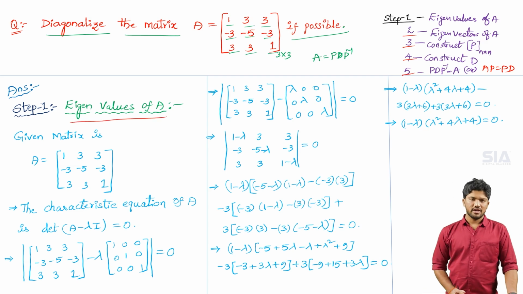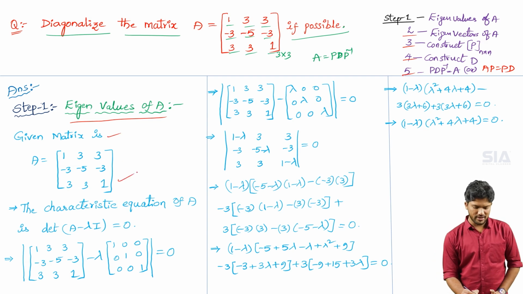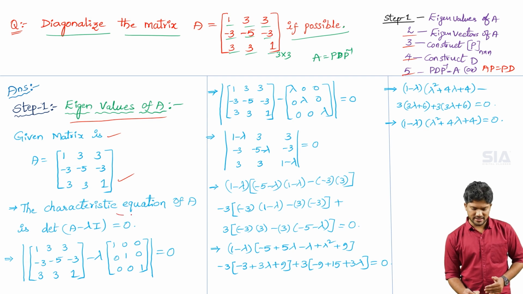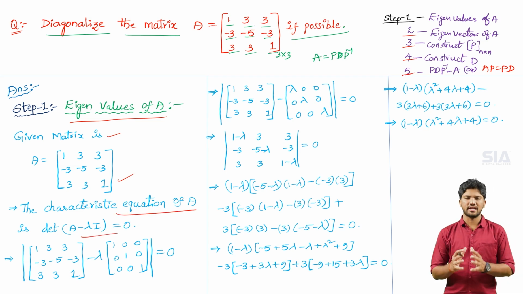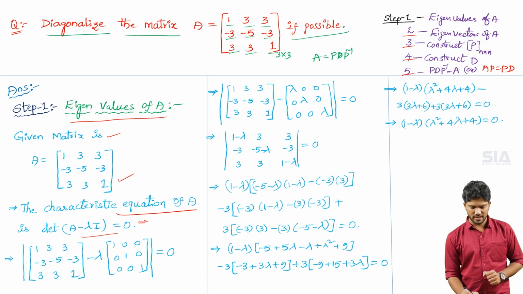Step 1, finding the eigenvalues of capital A. The given matrix is capital A, the 3 by 3 matrix. Now we are going to find the eigenvalues. For that, the characteristic equation of capital A is det of A minus lambda I equal to 0.